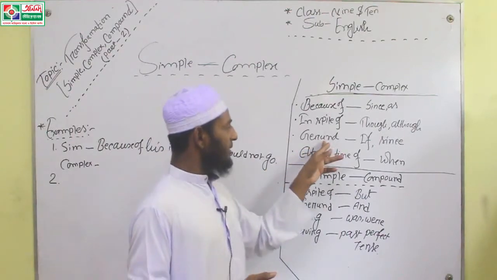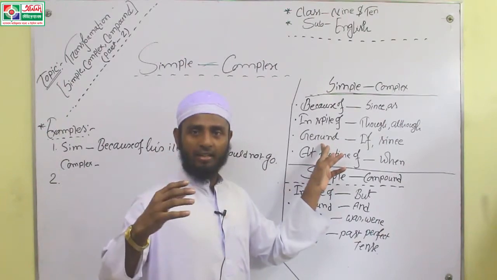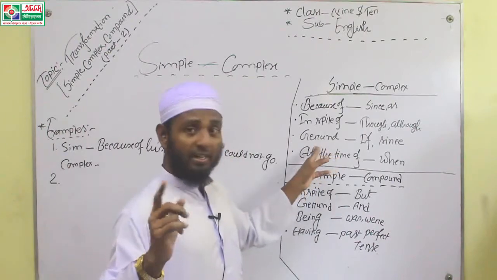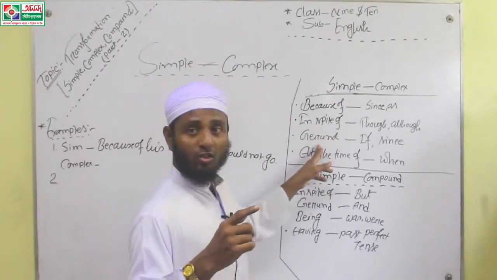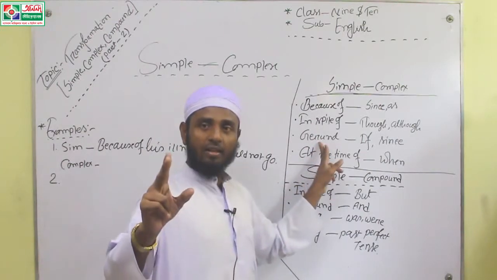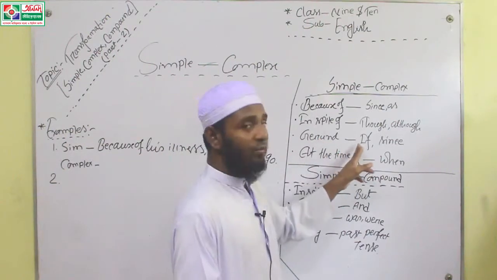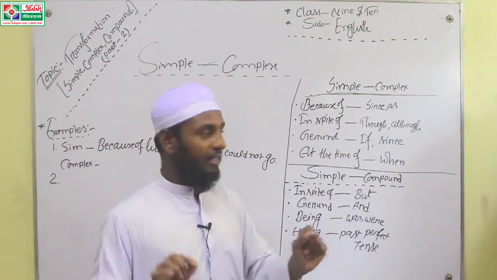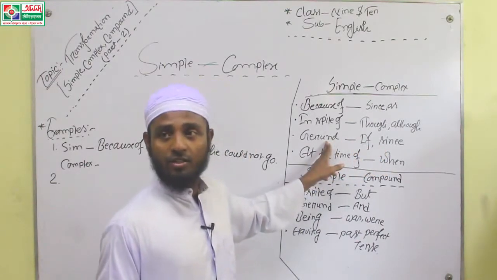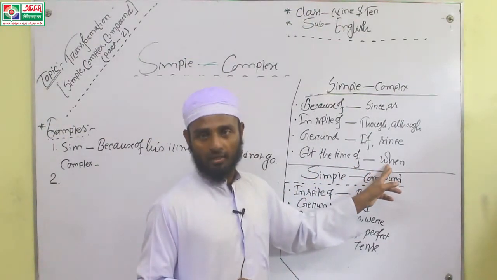If you find a gerund, meaning verb plus ing, I have taken a detailed class on it before. You may watch my last video on the topic of gerund, and I think you will be clear. A gerund means the base form of a verb plus ing. If you find a gerund in a simple sentence, then you will use if or since instead of the gerund, and at the time of indicates when.